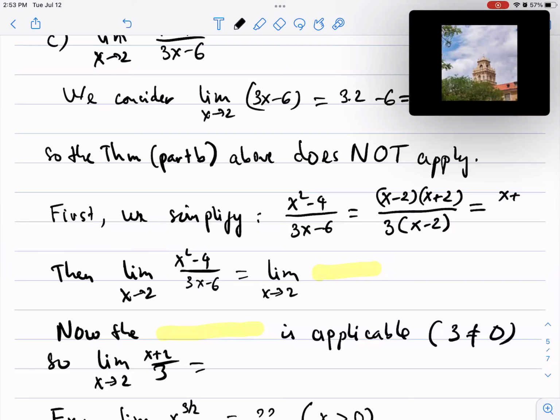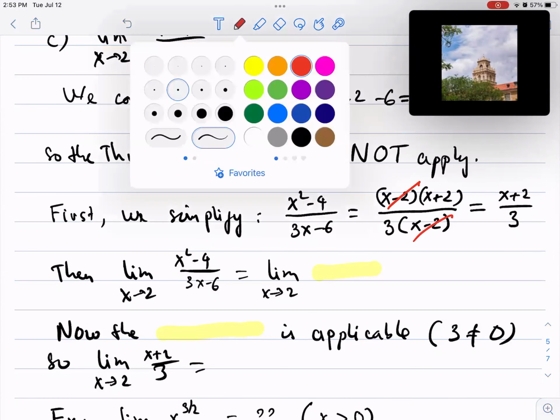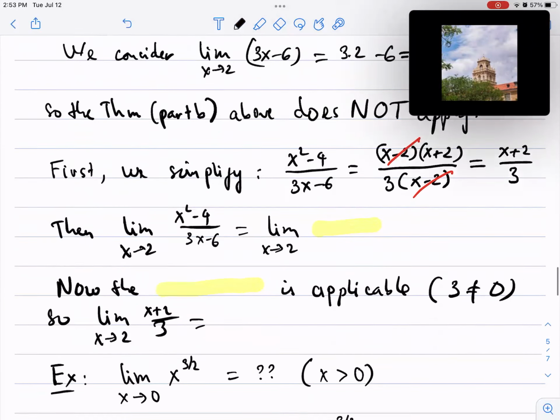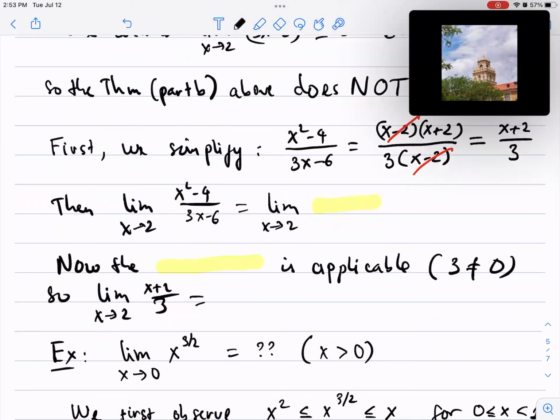Then we have x plus 2 divided by 3. Then the limit of x squared minus 4 divided by 3x minus 6 when x approaches 2 equals the limit when x approaches 2 of x plus 2 divided by 3.